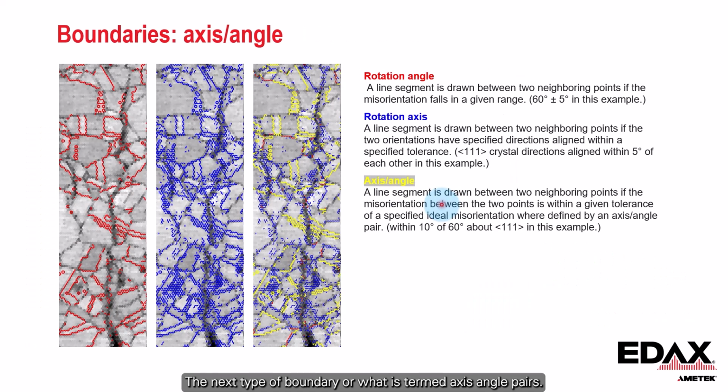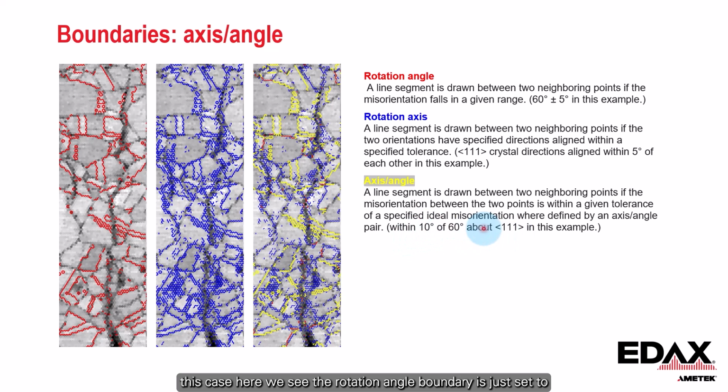The next type of boundary are what are termed axis angle pairs. In this case, we specify not only the rotation angle, but also the axis. We call that an axis angle pair. We define the crystallographic direction that's used for the rotation, the angular amount of that rotation, and then the tolerance from the perfect alignment of that misorientation. So for example, if we wanted to do a twin, which is a 60-degree rotation about a 1-1-1 axis in something like an FCC material, we also have to specify how close we want that to be.